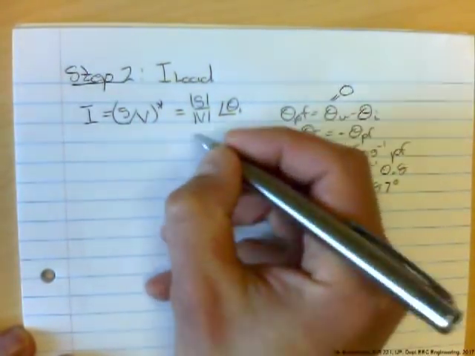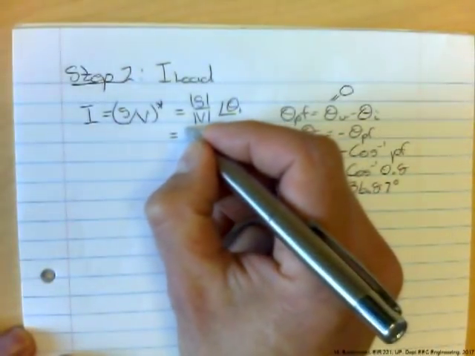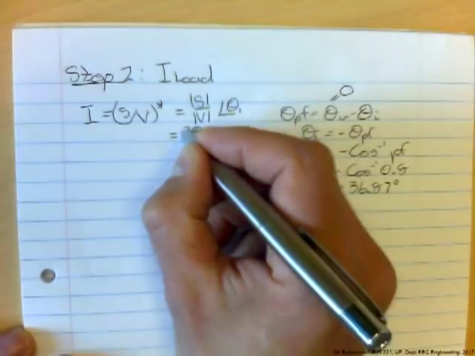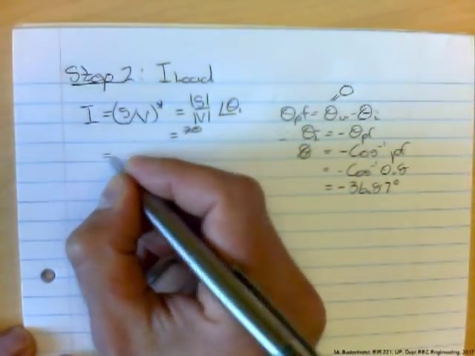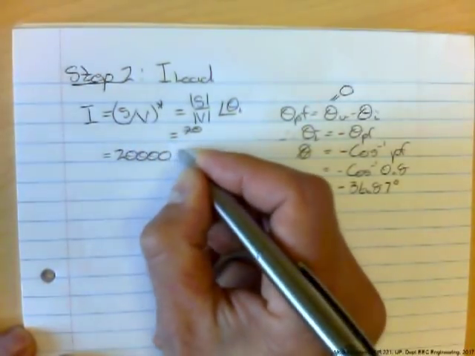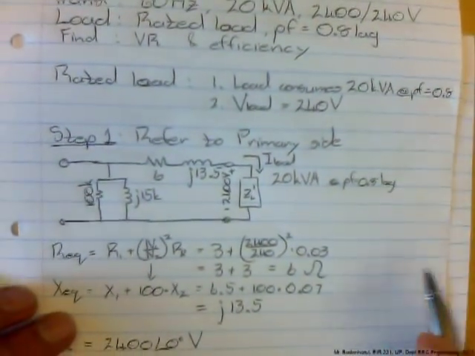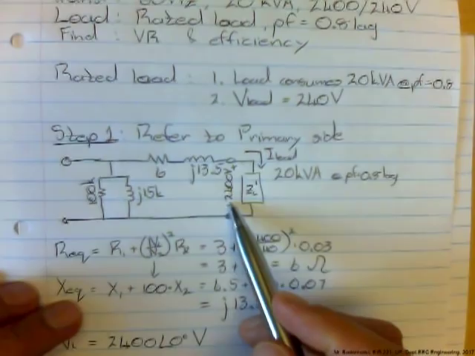We also know what S is. The rated power of the load is 20 kVA. I need to write this a little bit bigger so you can see. So let's write this as 20,000. And what is the voltage? Remember we said we're working on the primary side now, so it's 2,400 volts.